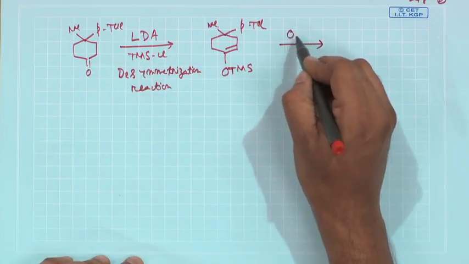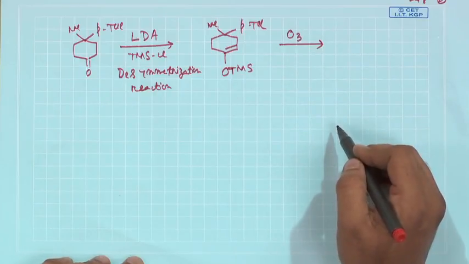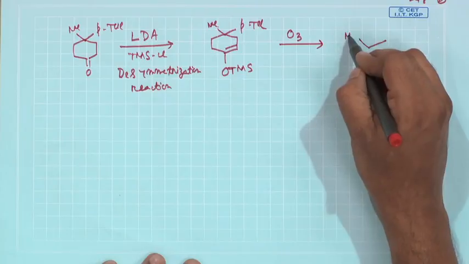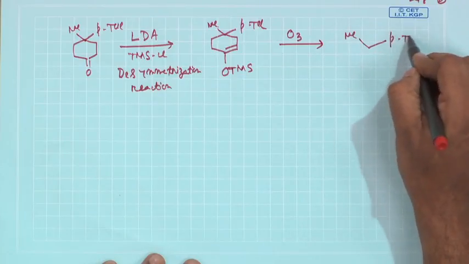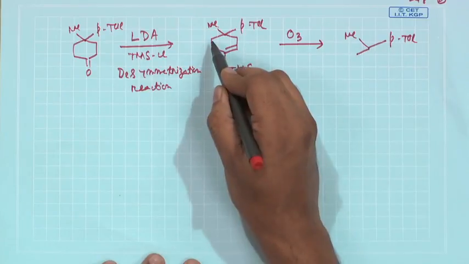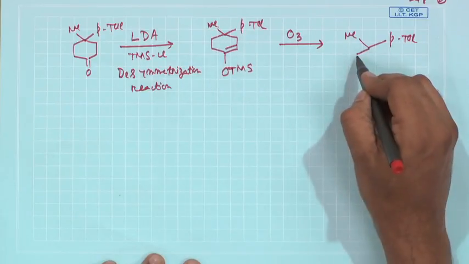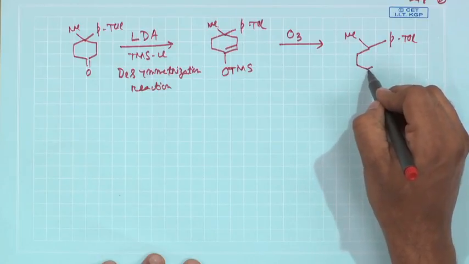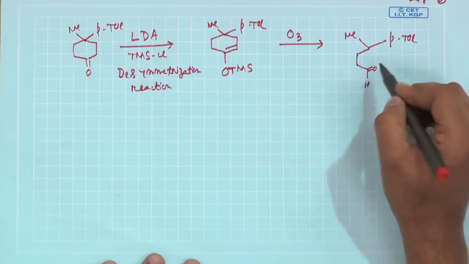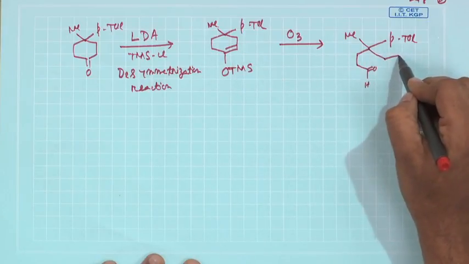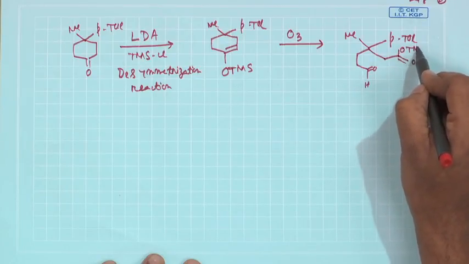Now, as per the retrosynthetic pathway, if you now do an ozonolysis, you will cleave this internal double bond and you get CH2, CH2, CHO, CH2, CH2, CHO here, and on this part you will get CH2, C double bond to this OTMS ester.